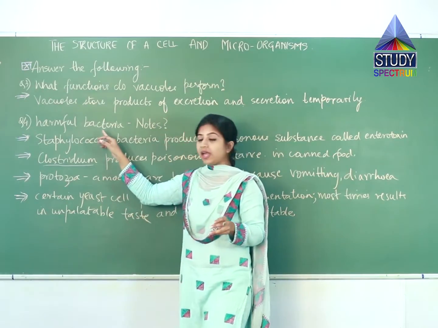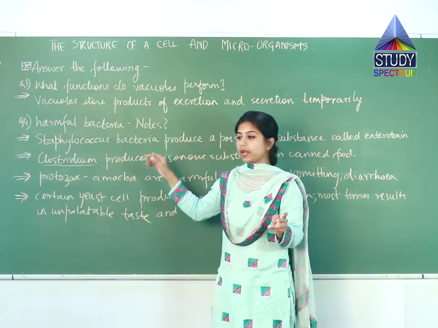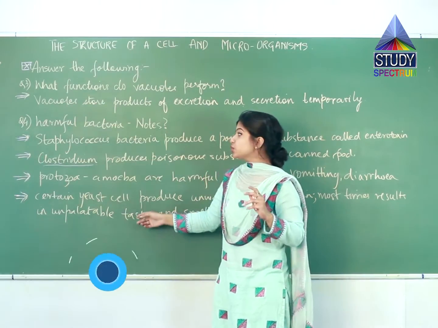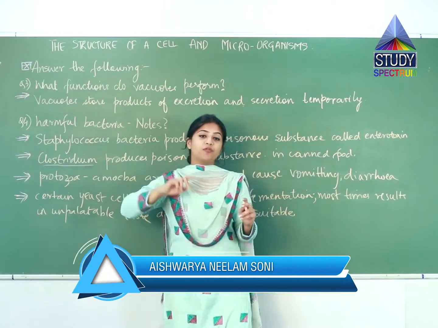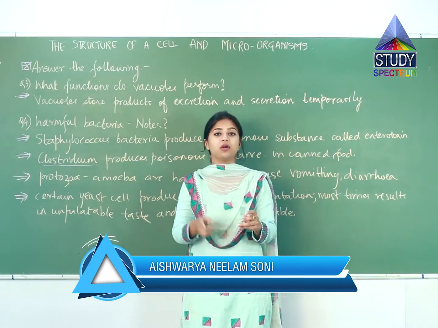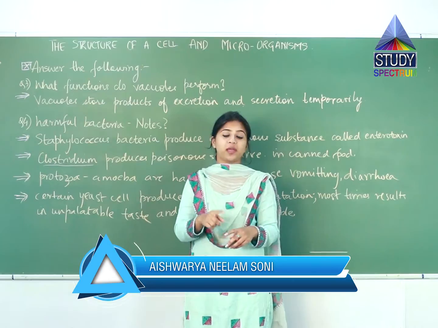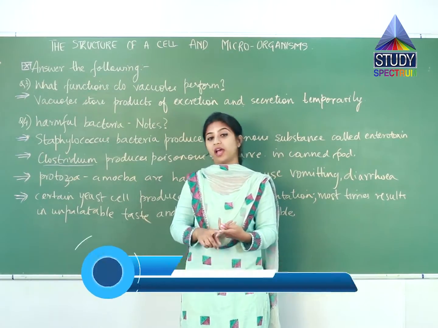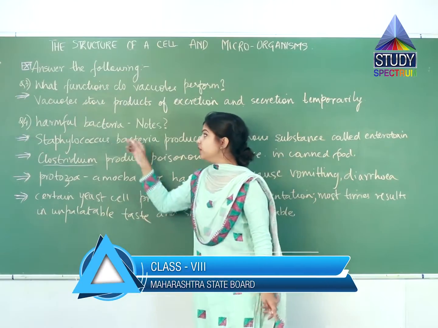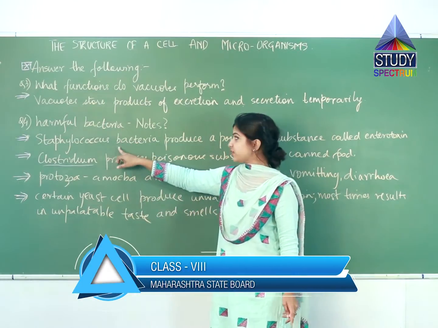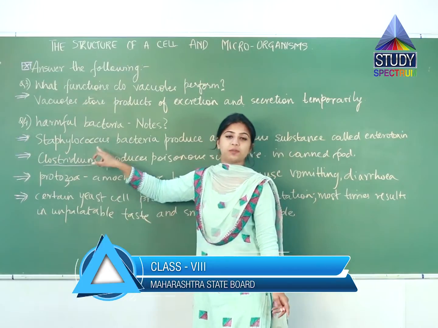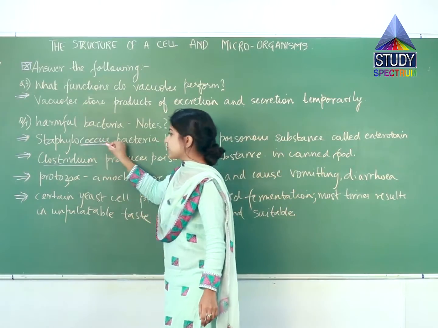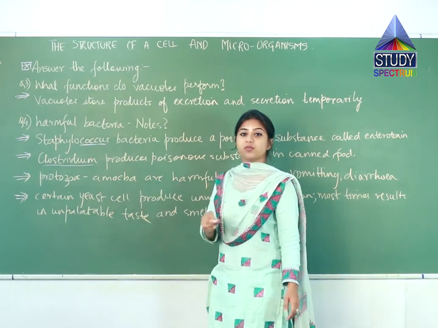The next is, we had to write a note on harmful bacteria, but I also mentioned certain other microorganisms that were harmful. We understood that harmful bacteria are bacteria that have the ability to cause disease and to infect the food or any other organism they enter. The two examples we considered were Staphylococcus and Clostridium. Now Staphylococcus, the name here, coccus itself tells you that it is spherical in shape.